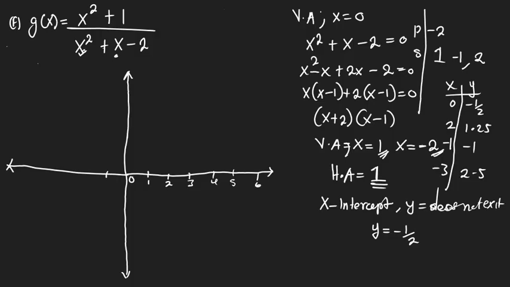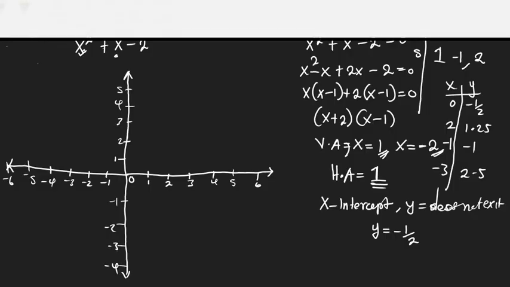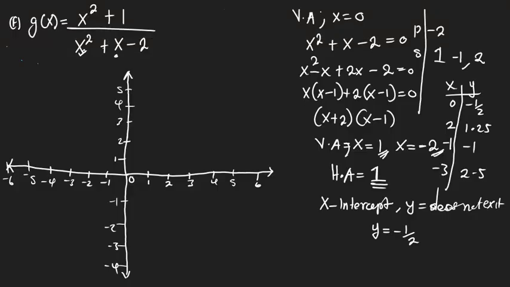At least you can take it per 6 so that you don't become stranded with your points. Then 1, 2, 3, 4, 5, and -1, -2, -3, -4. So let's now plot the vertical asymptote first.